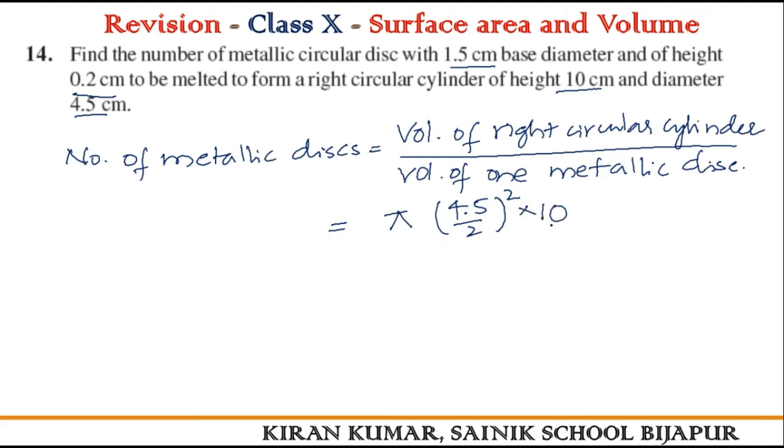So pi r square h divided by pi times, the metallic disc has a radius of 1.5/2 whole square into 0.2, the height is 0.2. This metallic disc also will be in the shape of a cylinder with the height 0.2 centimeter.